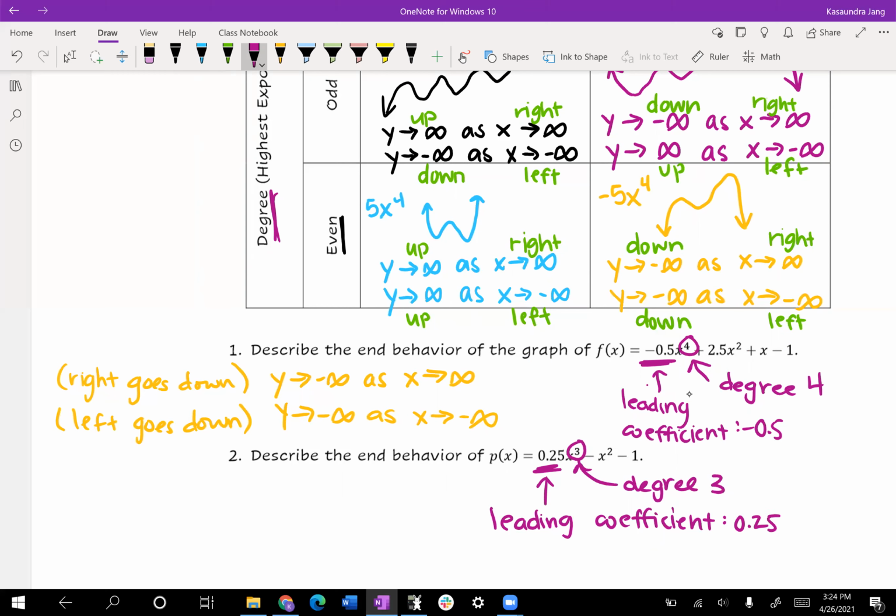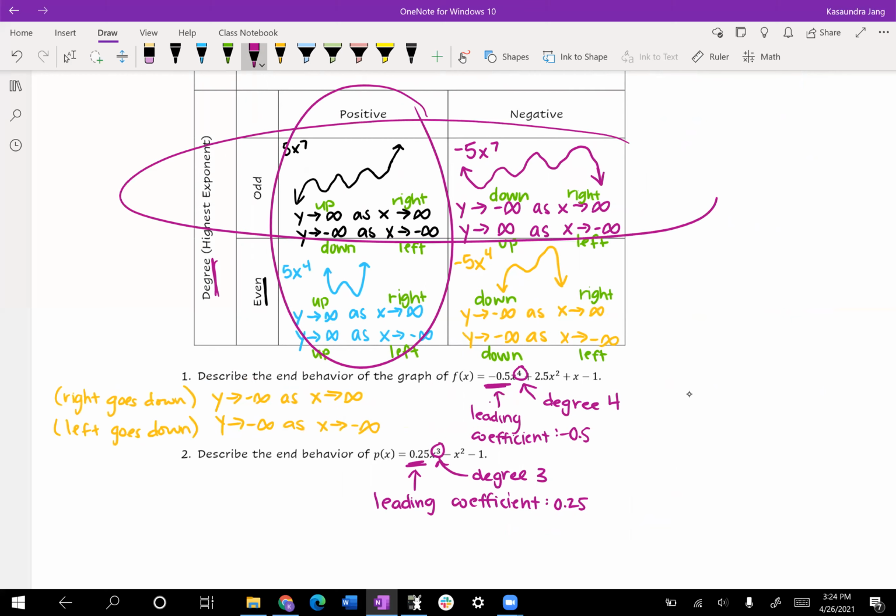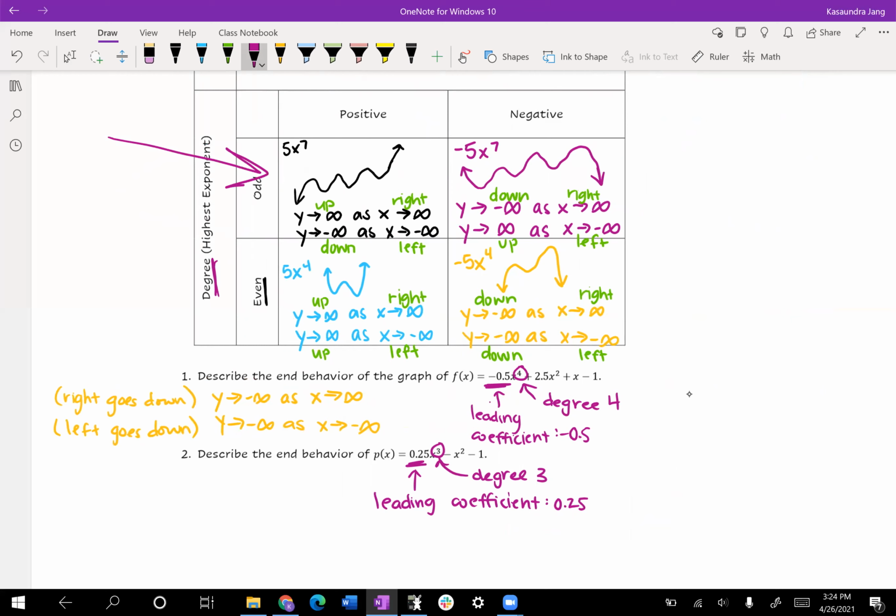Honestly, I don't care if it's a decimal or whatever. I just cared if it was positive or negative. So I have a positive leading coefficient with a degree of 3. So 3 is an odd number. Okay, all right. So it looks like that matches up with this section of my chart here.